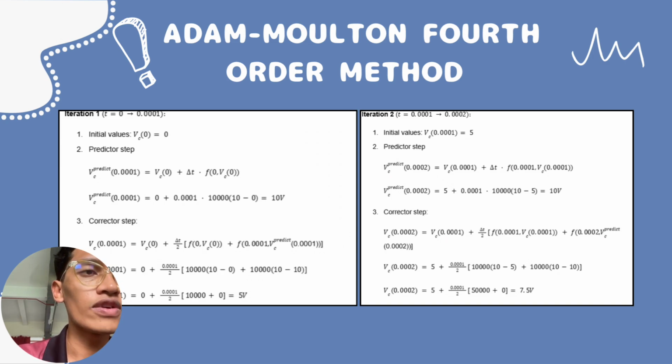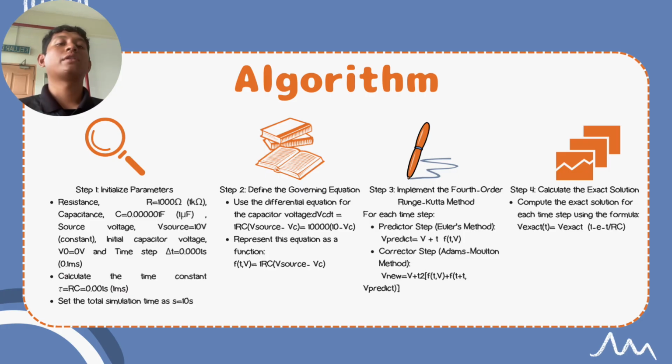VC(0.0002) equals 5 plus 0.0001 over 2 times (10,000 times (10 minus 5) plus 10,000 times (10 minus 10)), which equals 5 plus 0.0001 over 2 times 50,000 plus 0, equal to 7.5 volts.